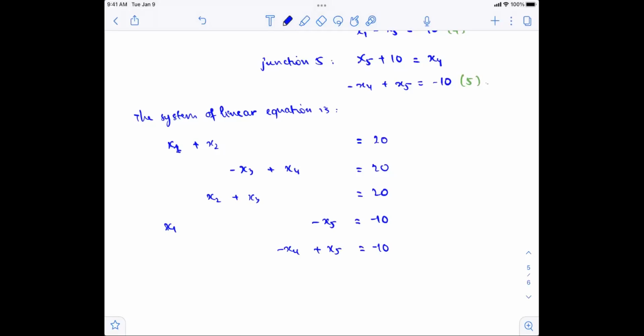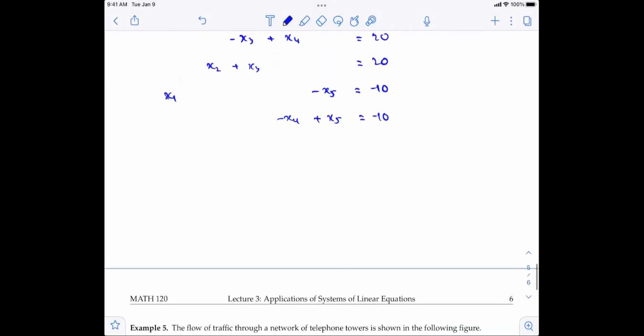All right, so this is the system of 5 equations in 5 unknowns, and we can come up with the augmented matrix of the system.